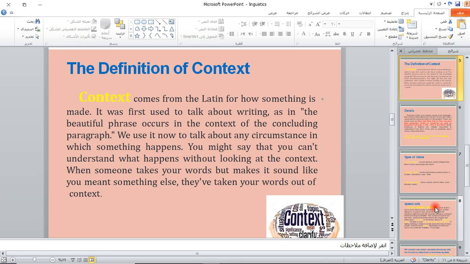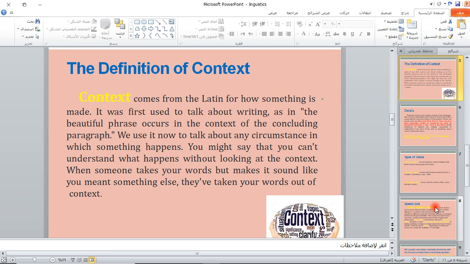The definition of context. Context comes from the Latin for how something is made. It was first used to talk about writing, as in the phrase "occurs in the context of the concluding paragraph."